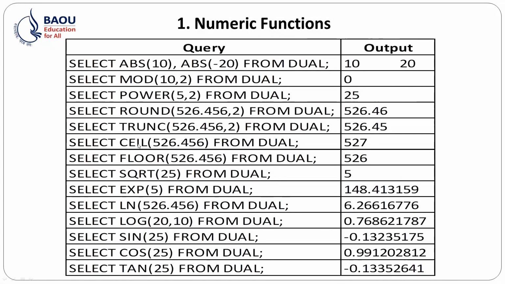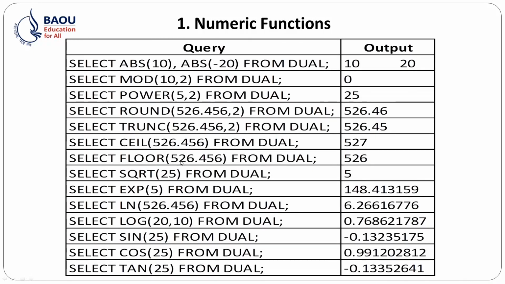Now the ceil function is used to display the next upper number. 526 is rounded up to 527. After the point, whether the digit is 1, 2 or 3, the ceil number is rounded up by 1.